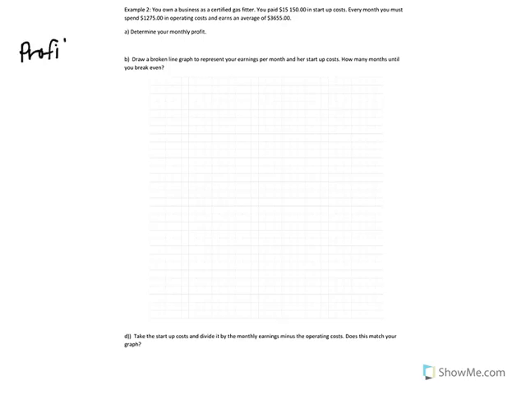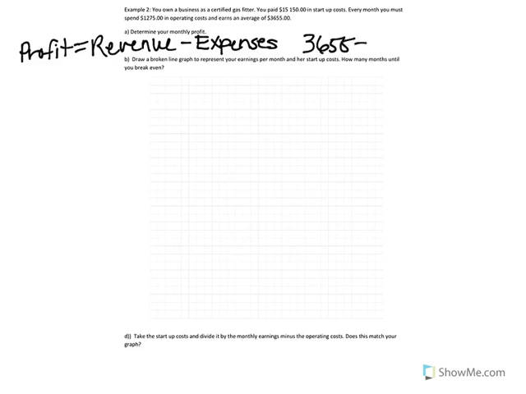Profit is equal to your revenue minus your expenses. So this is going to be $3,655, subtract our expenses of $1,275. So each month you're making a profit of $2,380.